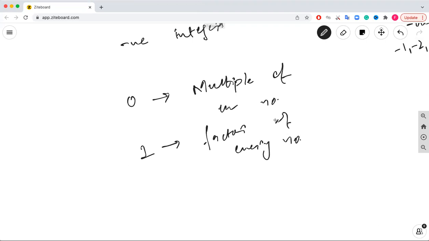We will discuss this in detail when we talk about multiples and factors. Just remember 0 is a multiple of every number and 1 is a factor of every number.